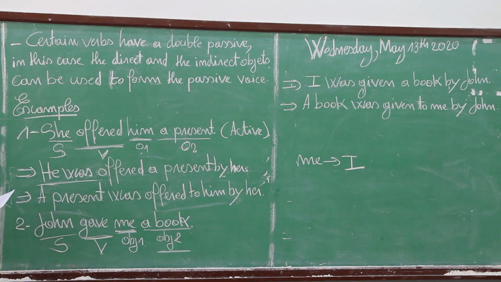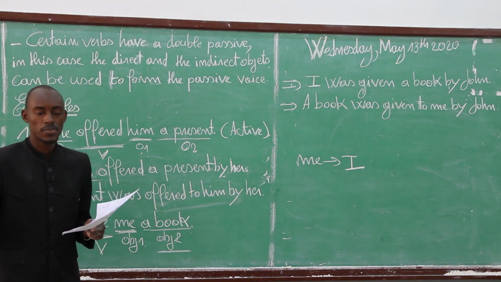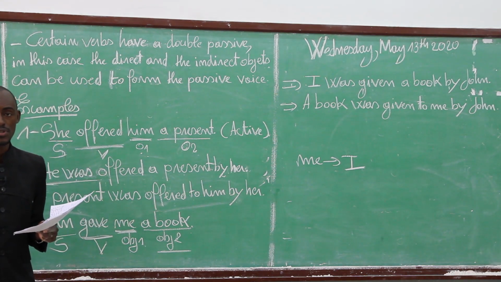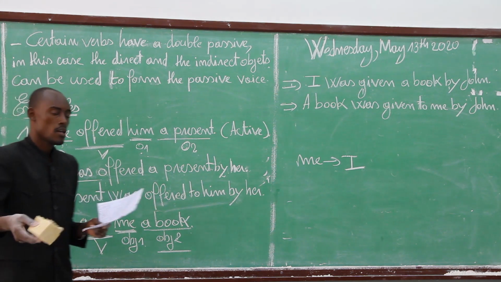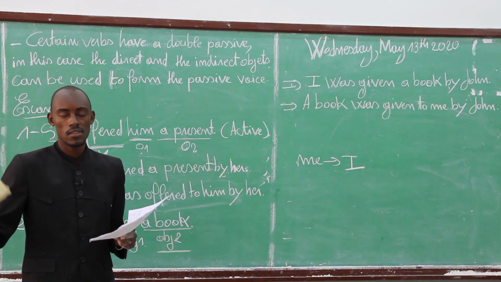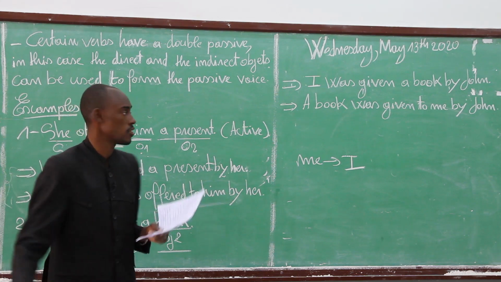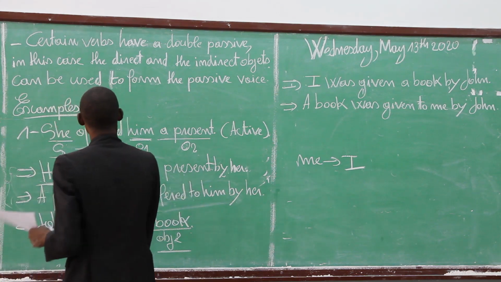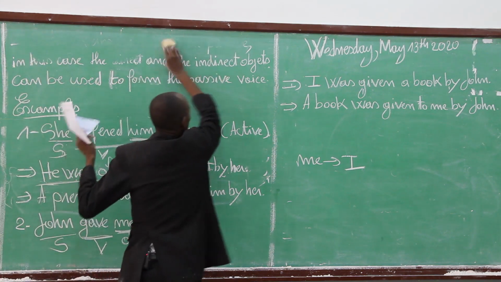And I said that at the beginning of my lesson. A sentence is in an active voice when the subject does the actions, and in passive voice the subject receives the actions, or the subject undergoes the actions. Now let's move to exercises.